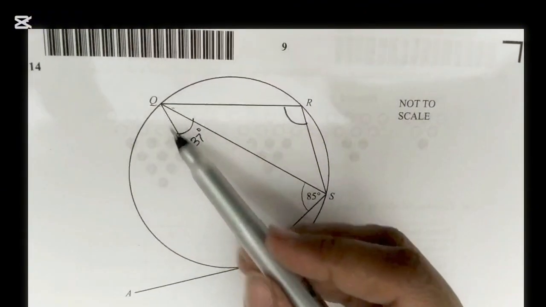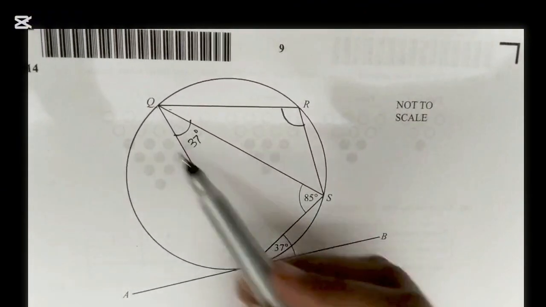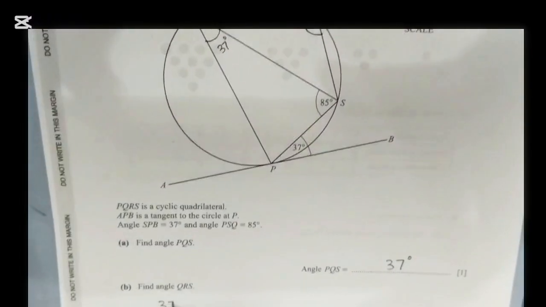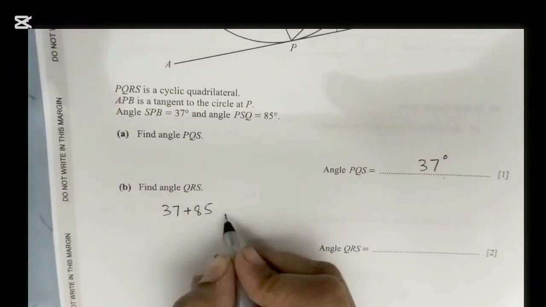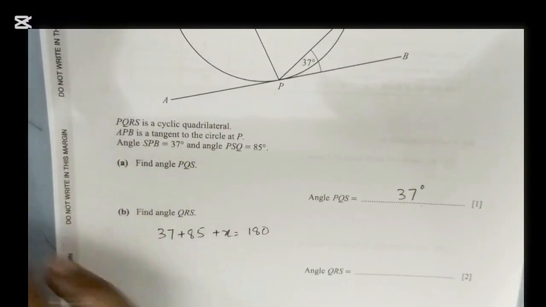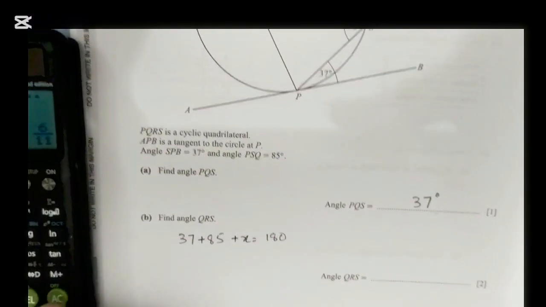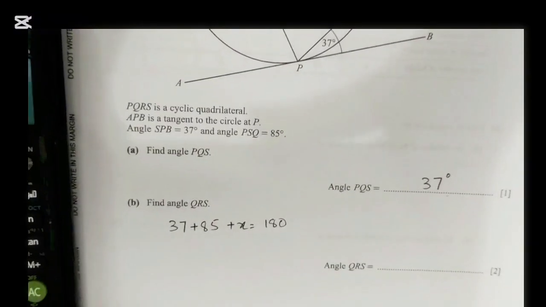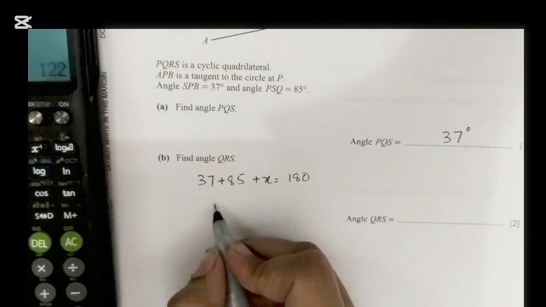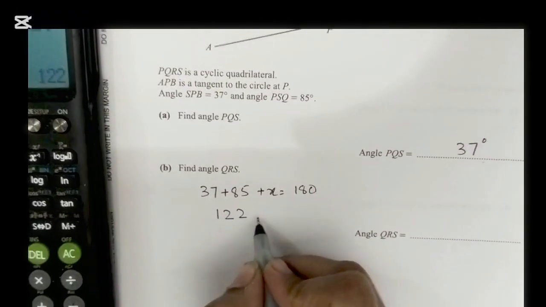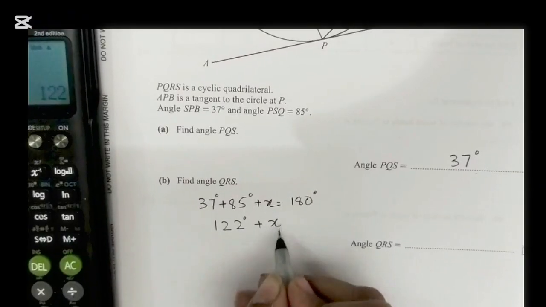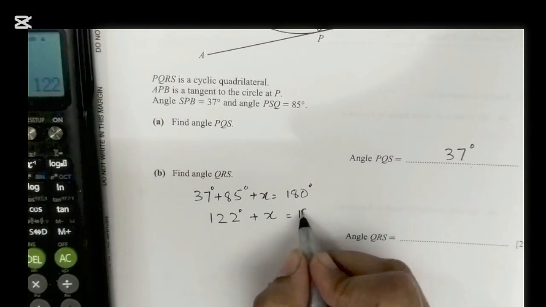We can see this is a triangle, and the sum of the interior angles of a triangle is 180 degrees. So I am going to find out 37 plus 85 plus x is equal to 180. And if we add 37 and 85, 37 plus 85 is equal to 122 degrees plus x, so it would be equal to 180.